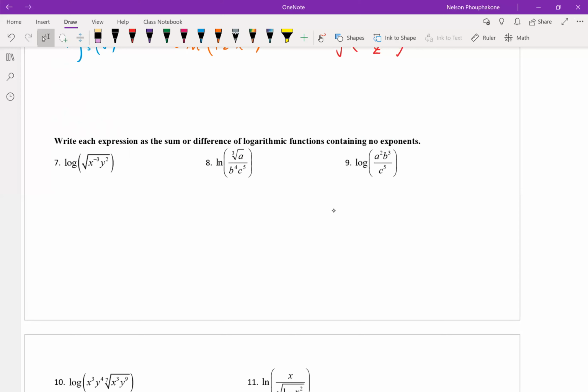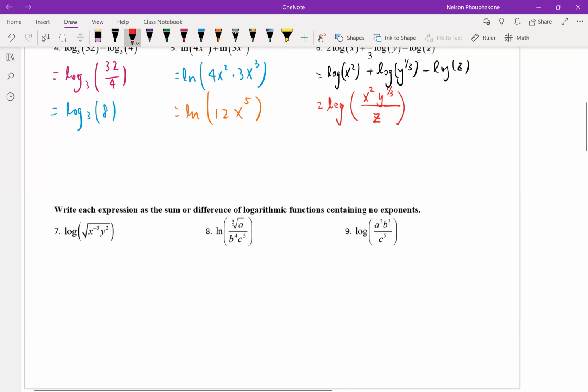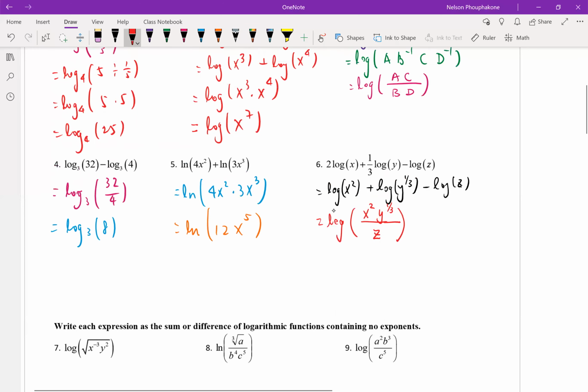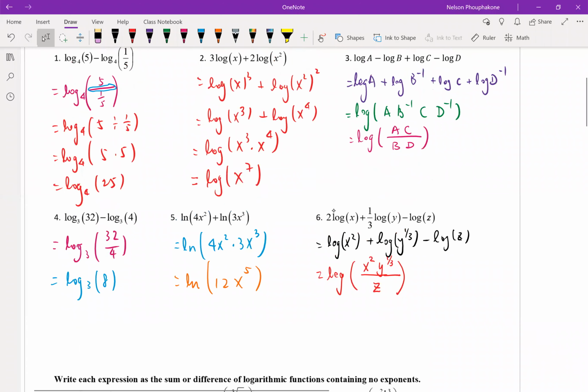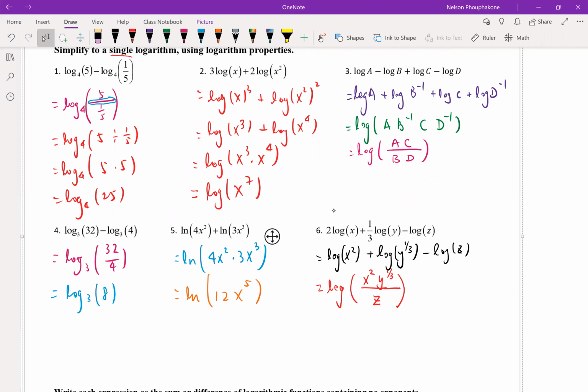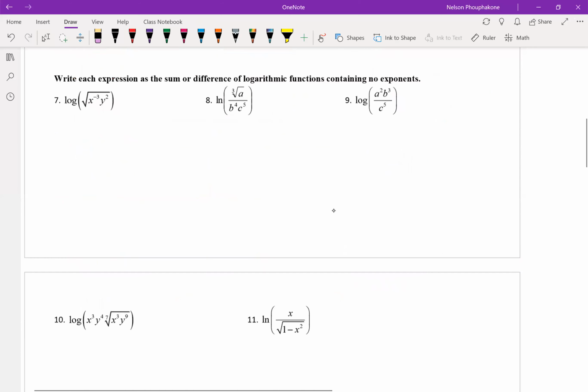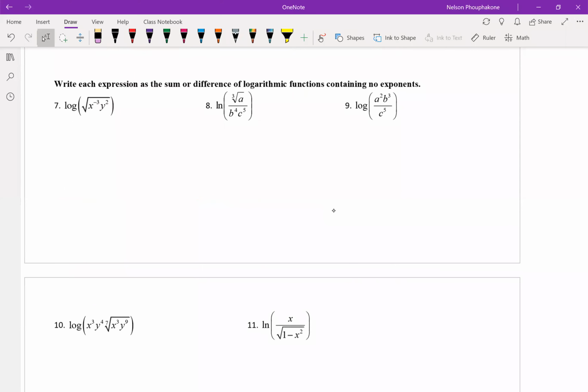So in this case, maybe I should say that the idea for this one is, we went from addition and subtraction of logs to a single log. Right now we go back from this back to this. This is exactly what we are going to do. Okay, so now let's see. How do we actually do this?